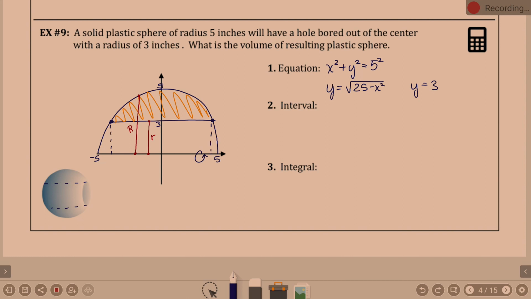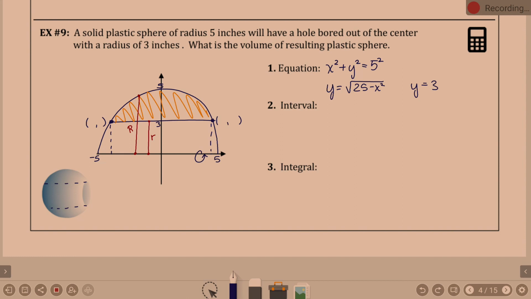Negative 4 to 4? Because that centerpiece is cut off, is this sphere going to be all the way rounded on these ends? No, it's going to end up being flat. We need to know how far this goes, so it's going to be where those two pieces intersect.